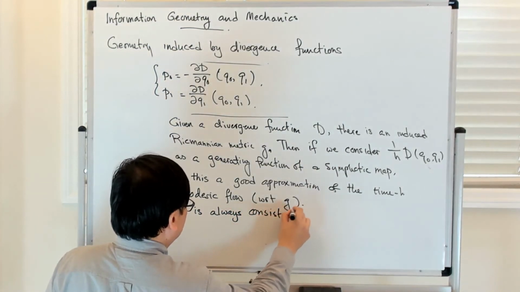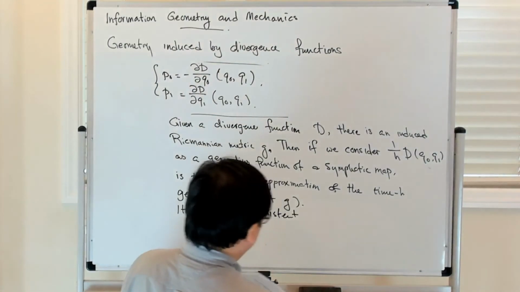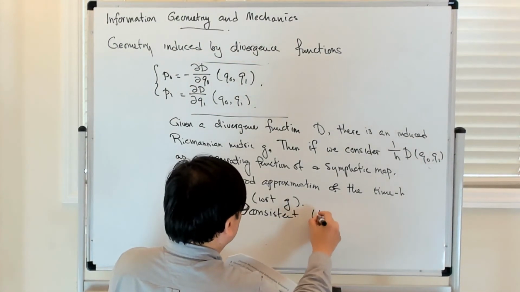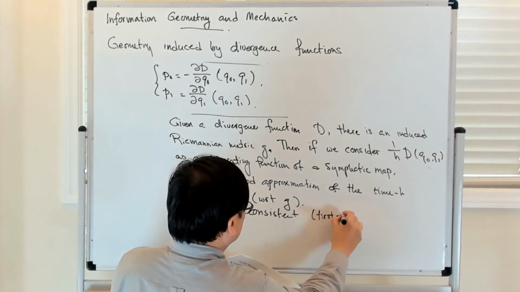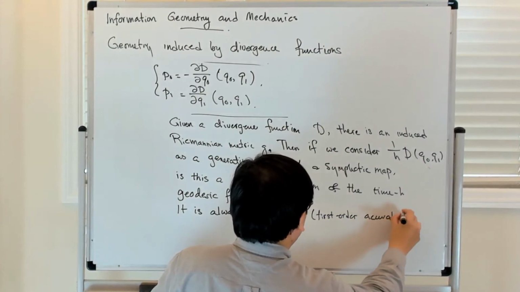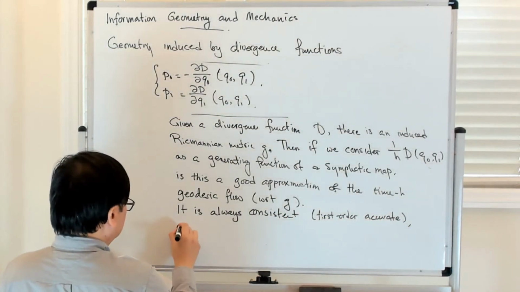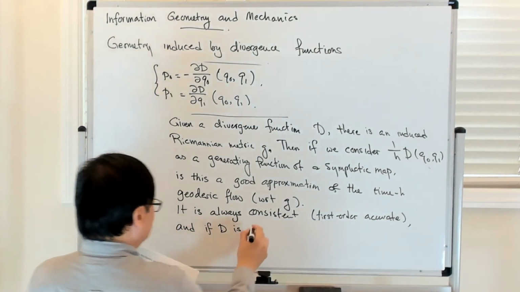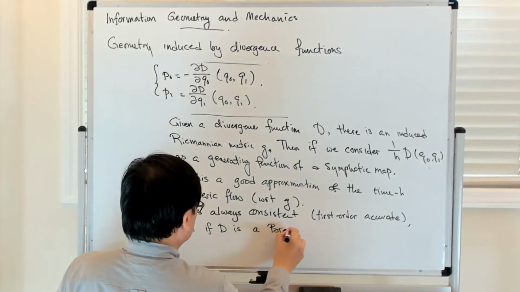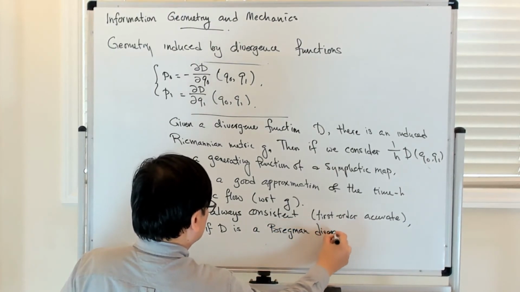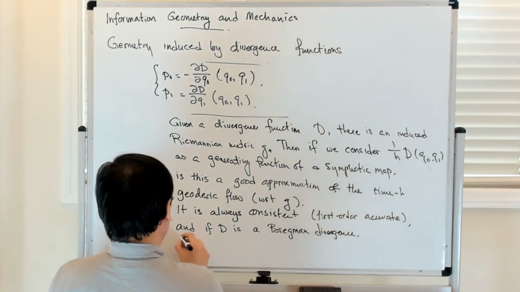That means that if you take this approach, it will give you at least a first order accurate approximation. And if D is a Bregman divergence, then it is second order accurate.